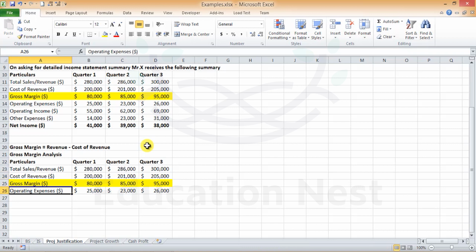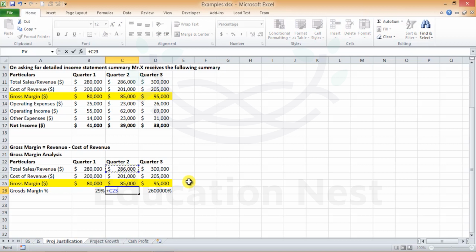So here we're going to replace this by gross margin percentage, which is going to be the gross margin divided by the revenue, that gives the percentage expressed in form of percentage over here. Gross margin divided by the revenue percentage, the same one over here.